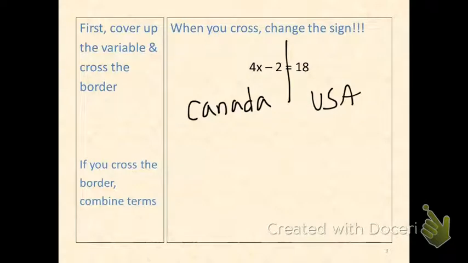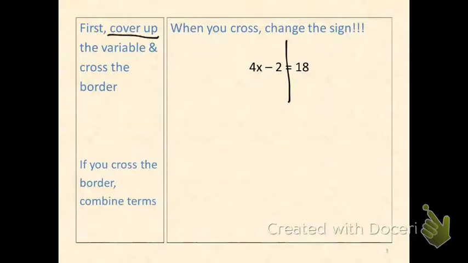They want to go to the USA because the USA is better, but we'll get to that in a minute. What we are going to do first, though, like I said, is cover up the variable. Cover it up. So just for this, I'm going to do that so that you guys see that it's covered up.